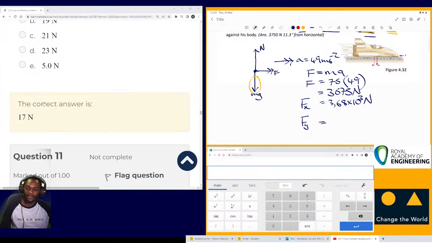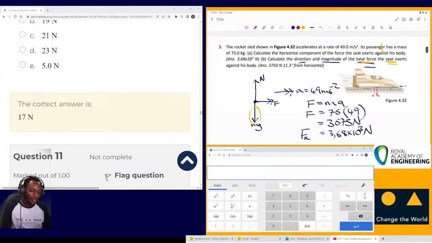Okay, let me try and explain again. Let's check what the question is saying. We're not looking at the resultant in the y. It says calculate the magnitude of the total force the seat exerts. So our reference is the seat. If you look at the diagram that we've drawn here, remember Newton's third law, action and reaction.